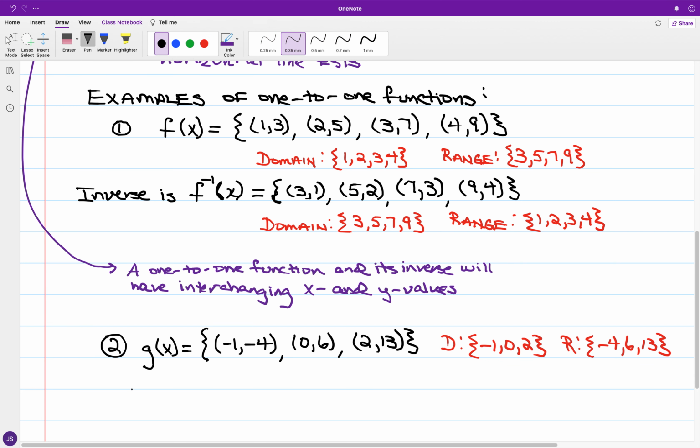And for the inverse of g of x, we have -4, -1, followed by 6, 0, and then by 13, 2.